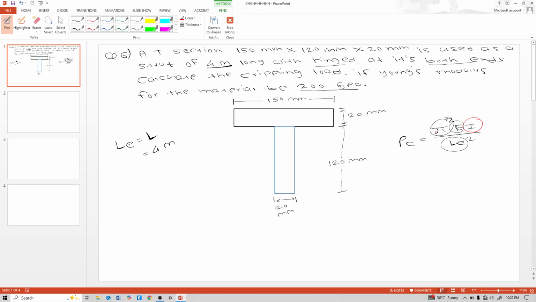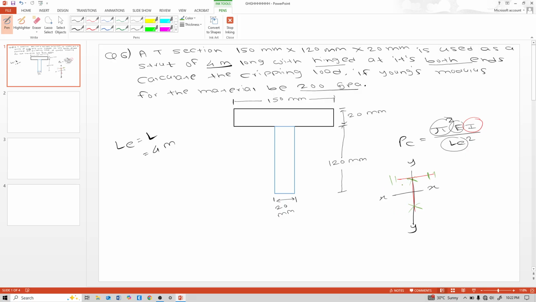And see, this is a T section, and we always find this I about the x axis and y axis. This T section is symmetrical about the y axis, but it is unsymmetrical about the x axis.